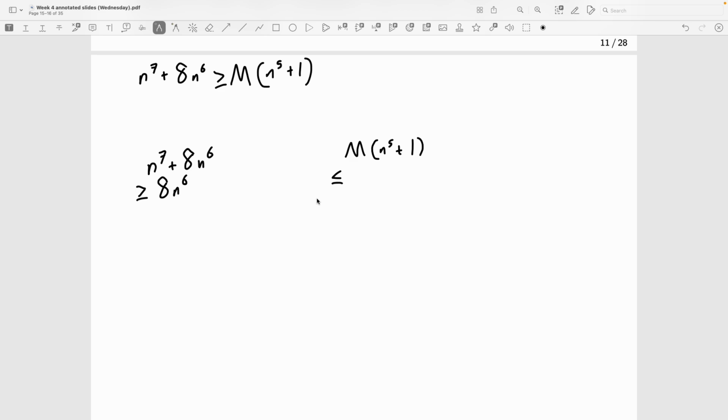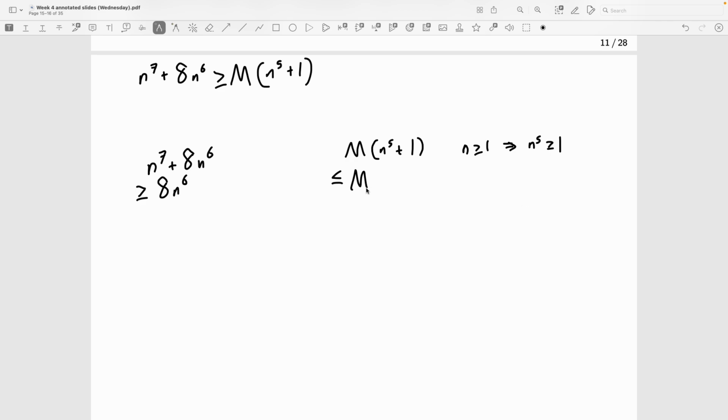So if n is at least 1, then n to the 5 is at least 1.